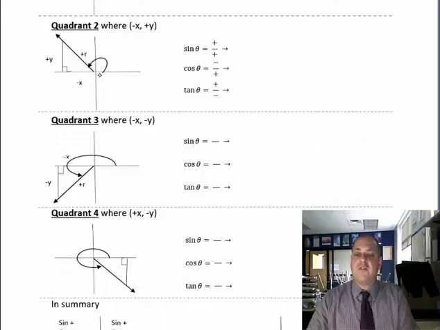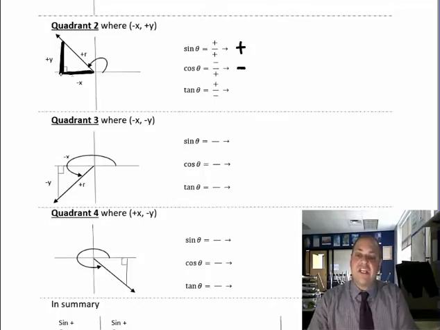You go over to quadrant 2, your x is negative. All the x values are negative. So all our adjacents are negative, and our opposites are positive. So sine is still positive. Opposite over hypotenuse. Cosine, adjacent over hypotenuse. Adjacent is negative. Hypotenuse is always positive. A negative divided by a positive is a negative.